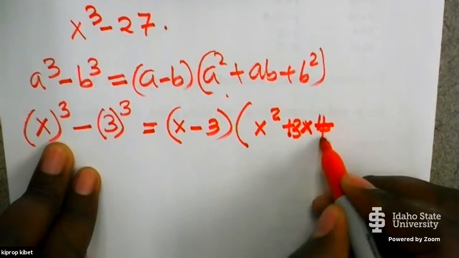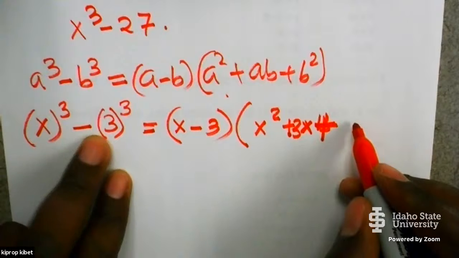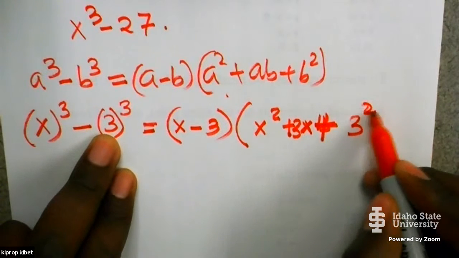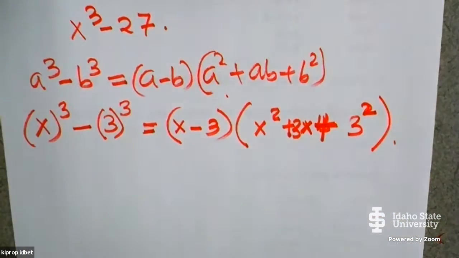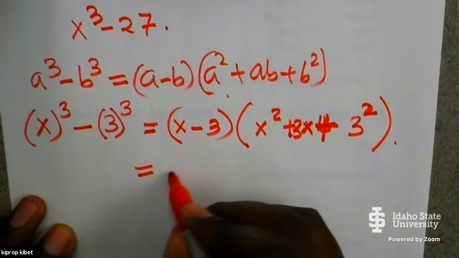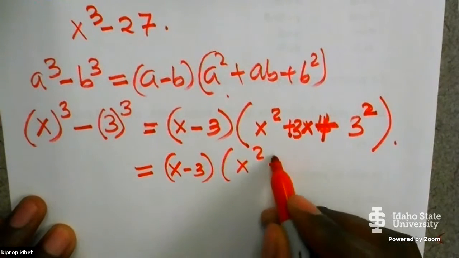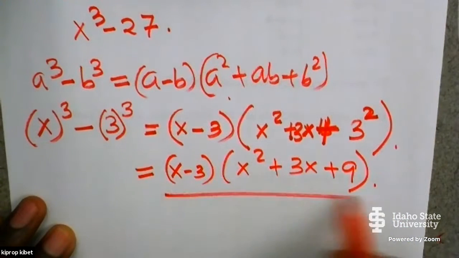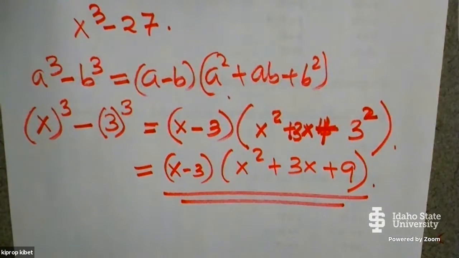And then plus our b is 3, so plus 3 squared. So finally, our answer will be x minus 3, and then x squared plus 3x plus 9. And that is our answer.